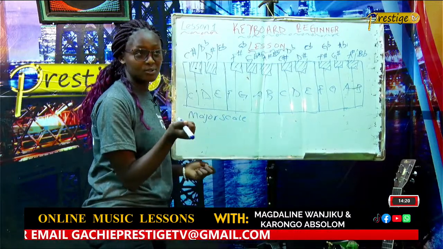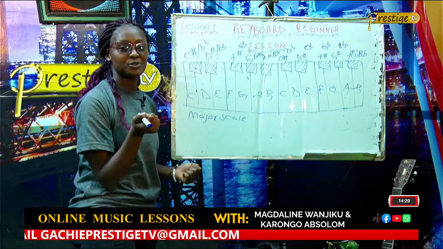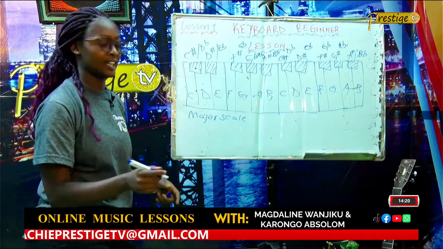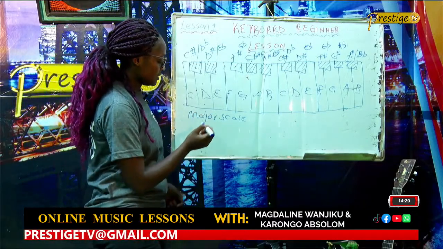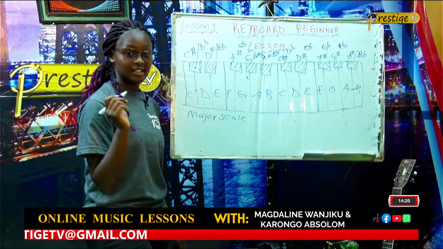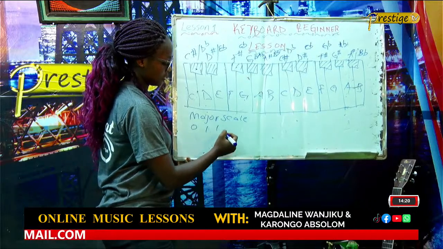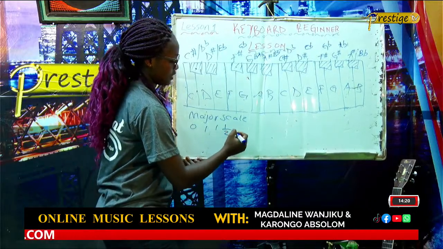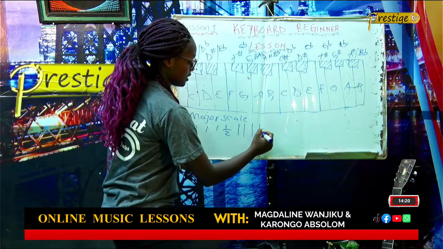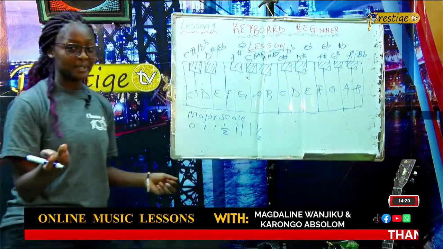There are different types of scales, but we'll be focusing on the major scale for now. The major scale has a sequence, and that sequence is 1, 1, half, 1, 1, 1, half. And what do I mean by that?